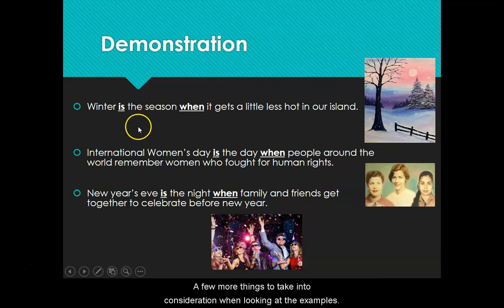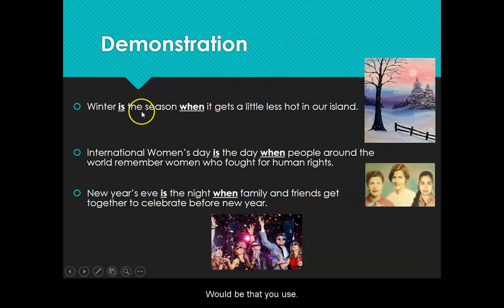A few more things to take into consideration when looking at the examples would be that you use a phrase that represents time. In this case, when we talk about winter, we refer to a season. So winter is the season when. For International Women's Day, then we have the day.